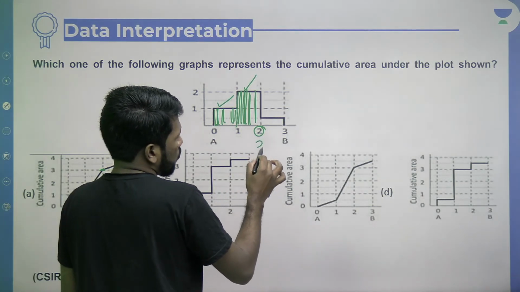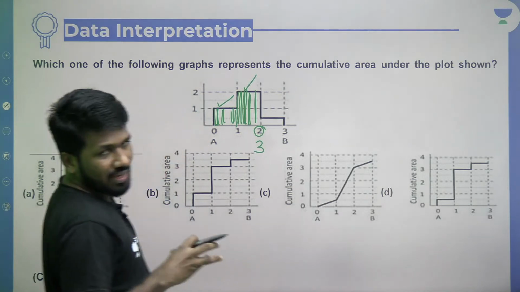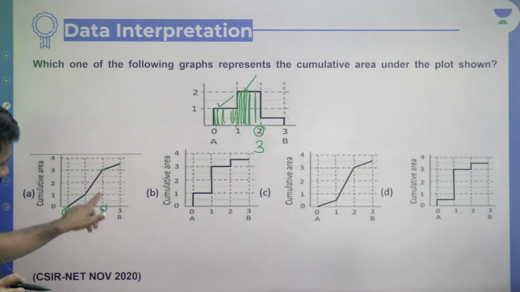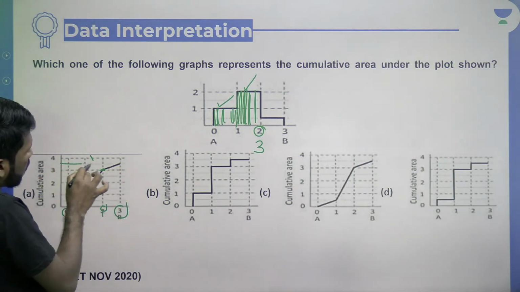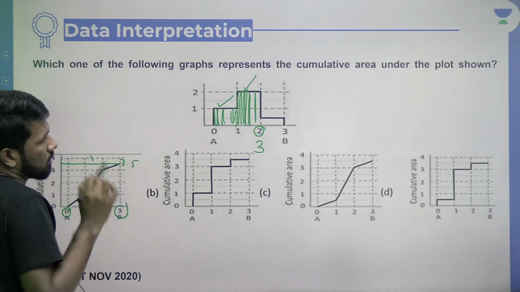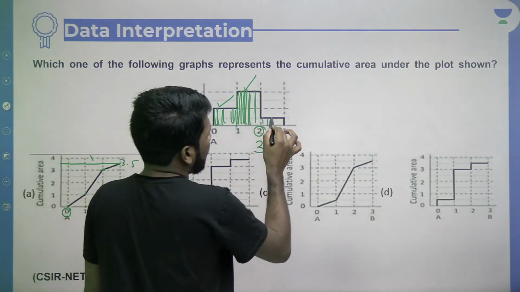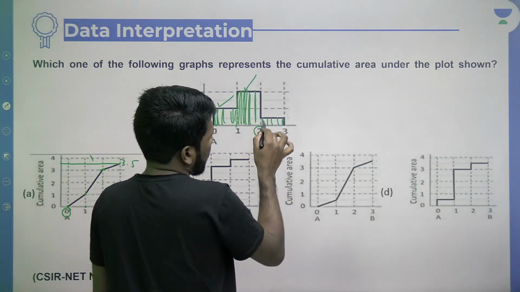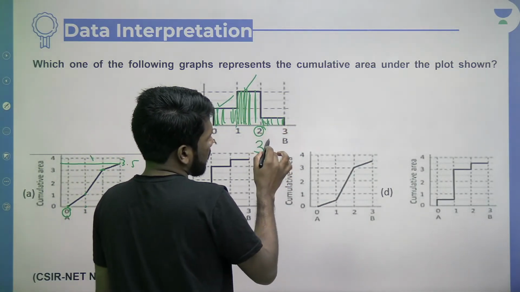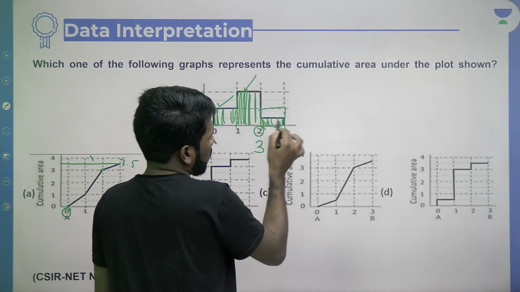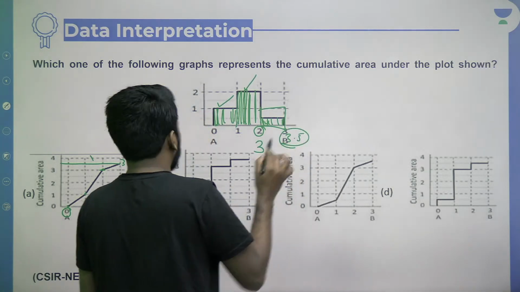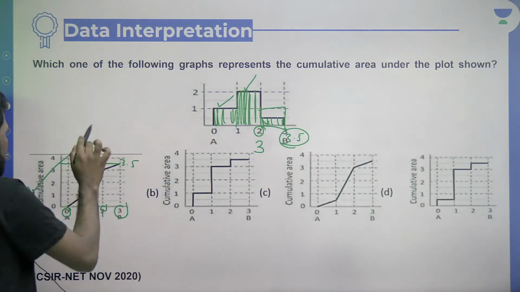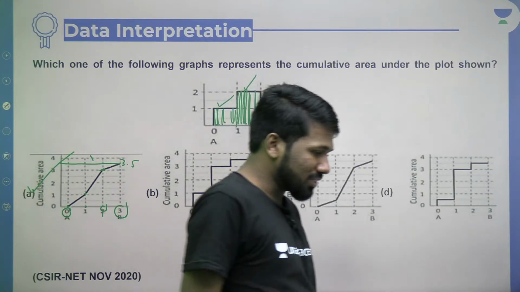When reaching 2, area covered will be 3, and that is justified in this graph. And when reaching 3, area covered is 3.5. Is it correct? Yes, there is a half rectangle pending, half square. Full square's area is 1, so half square's area is 0.5. So 3 plus 0.5, 3.5. That is also justified in option A. So option A makes proper sense.